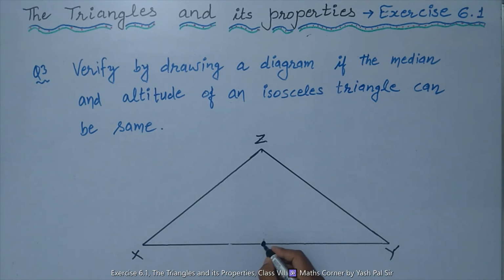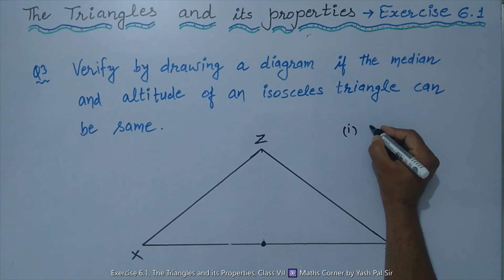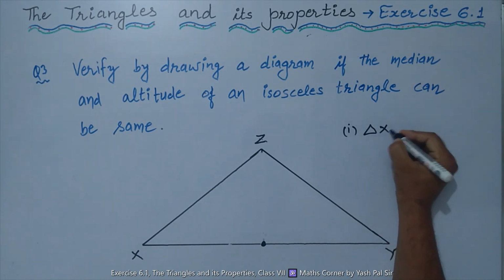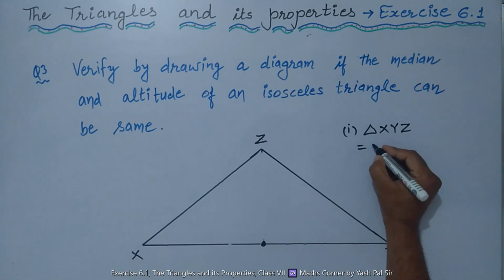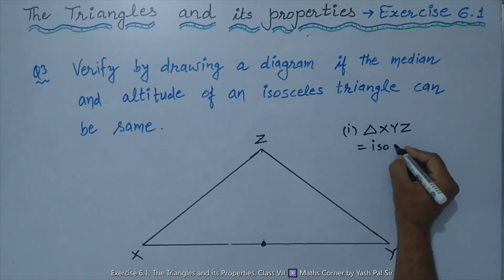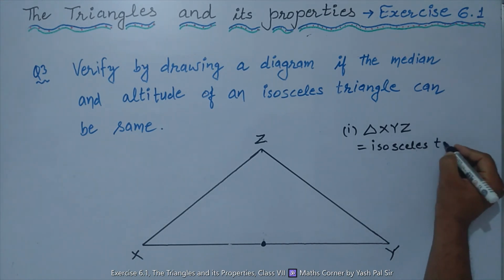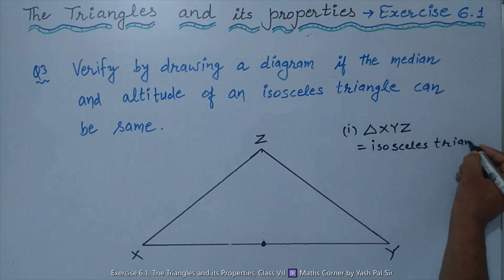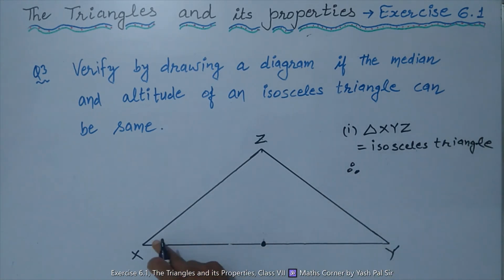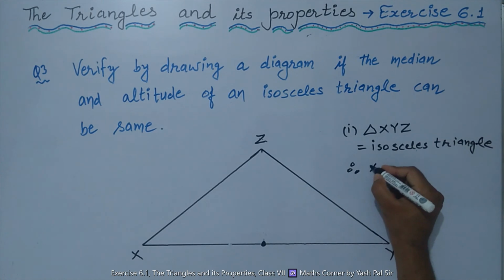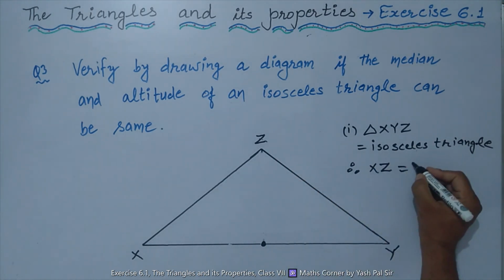This is the midpoint number 1. Triangle XYZ is an isosceles triangle, right? So side XZ is equal to side YZ.